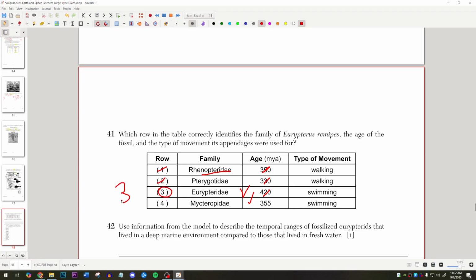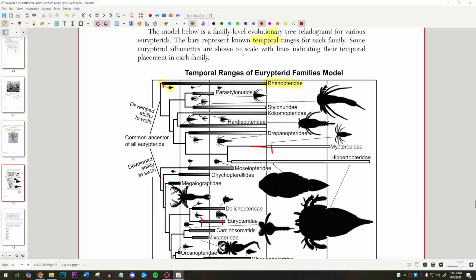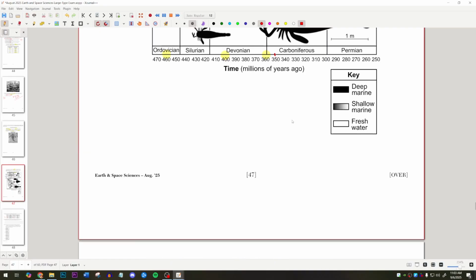Oh, that question is horrible. Especially at this point. You know? This question's horrible. Because it's not exactly, like it doesn't, the temporal ranges for each family. But it's saying how old is the fossil.